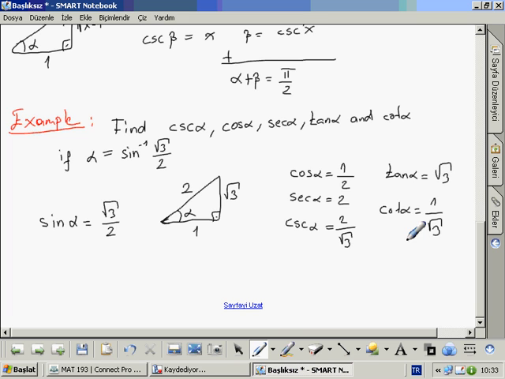And now let me continue with the derivatives of inverse trigonometric functions.